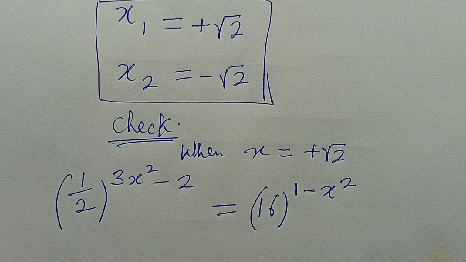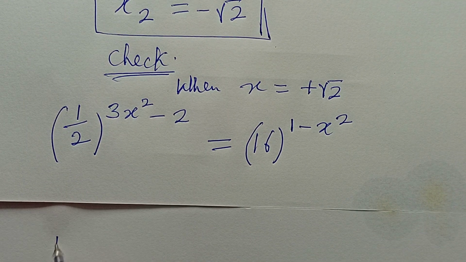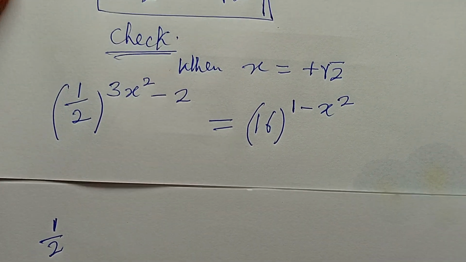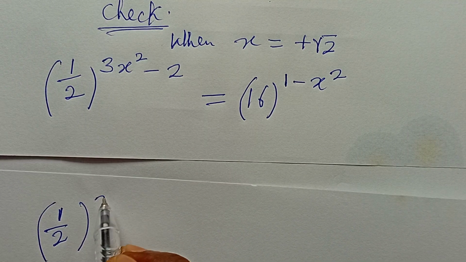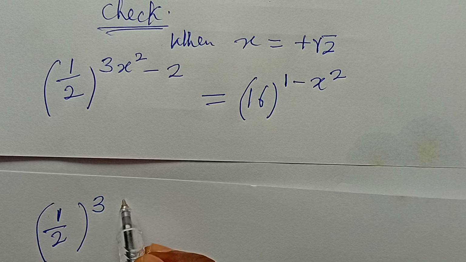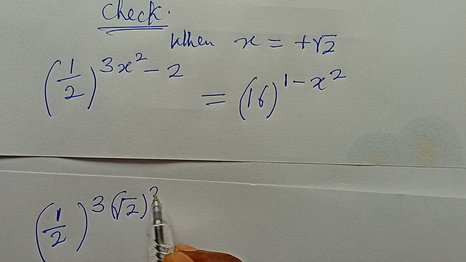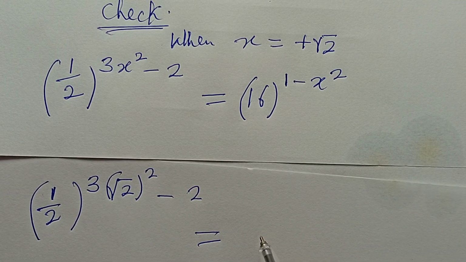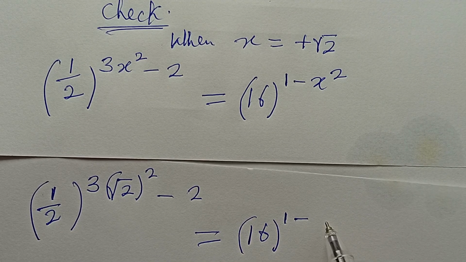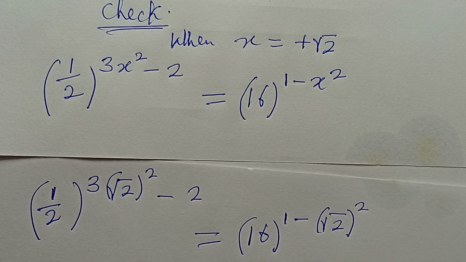So we have (1/2) raised to the power of 3 times root 2, all squared, minus 2, equal to 16 raised to the power of 1 minus root 2, all squared.